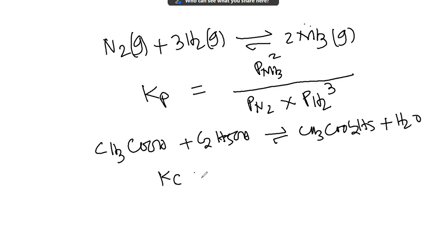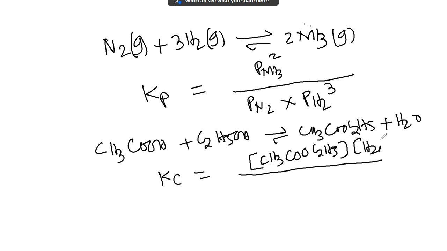Kc will be what? Product. Third bracket means concentration or active mass. It's better to call it active mass. It will be CH3COOH.